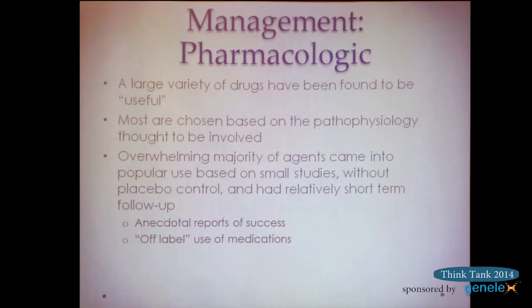And this is a deficiency in the research that we are at the mercy of at this point. Anecdotal reports of success are certainly out there for many of these agents, but we also have to struggle with off-label use of medications, and I think I'll talk about a couple agents that we have difficulty with because of something that Dr. Teasley mentioned, which is insurance and the financial factors.